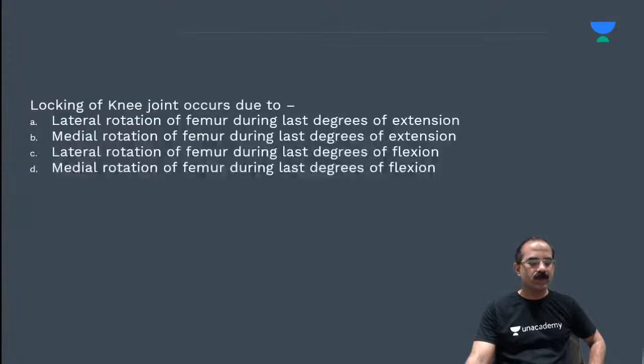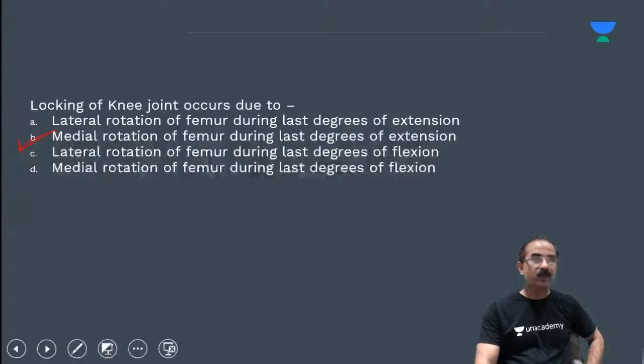Yes, Mohan Singh, answer. It's the medial rotation of femur during the last degrees of extension, the final stages of extension. So that is locking of the knee joint. Okay, clear to all of you. I hope this is clear.